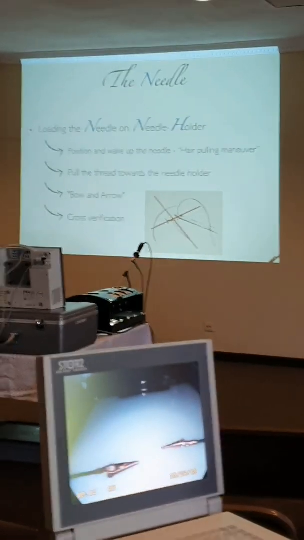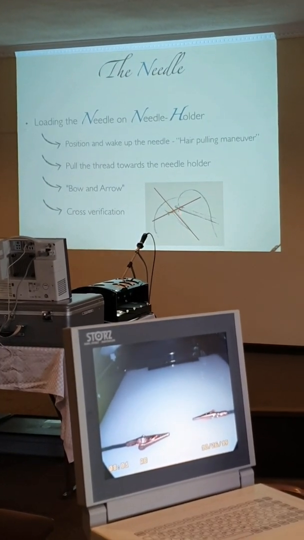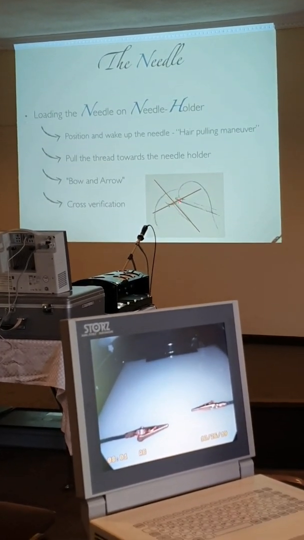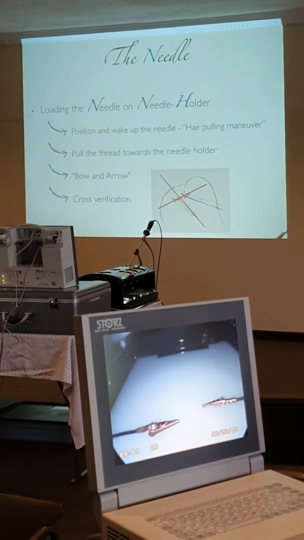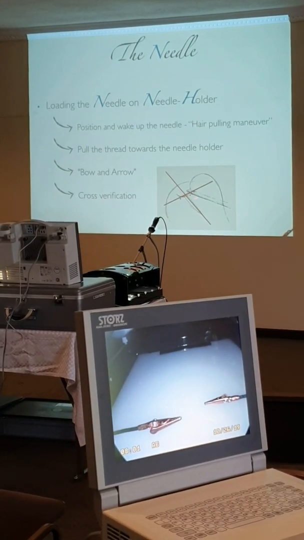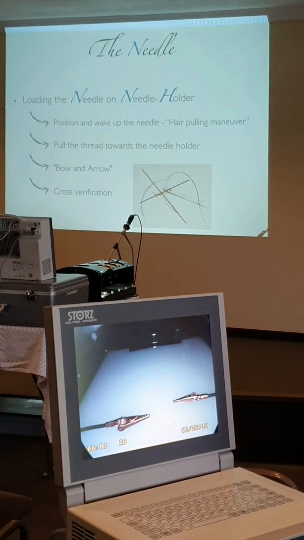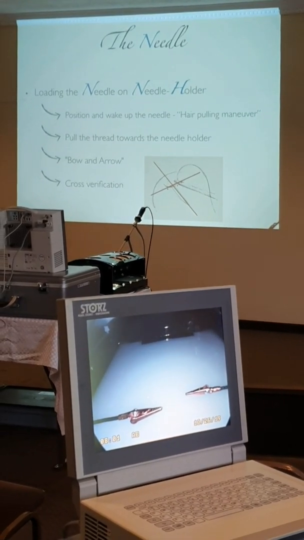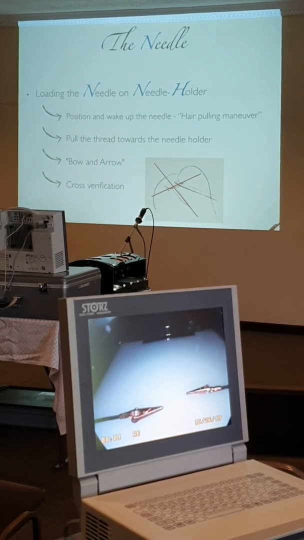I showed it to you. Here the T-axis is where your needle enters and where your needle goes out. So when you put it in the wound, you create a cross verification. It is the last maneuver that you make, and in sequence you make the suture.